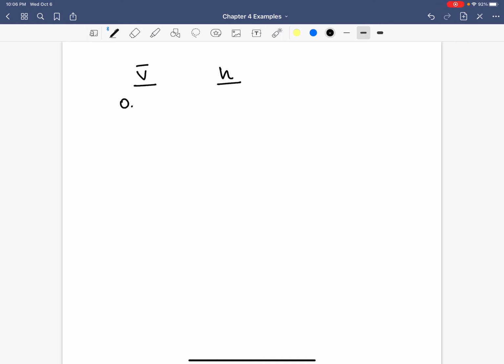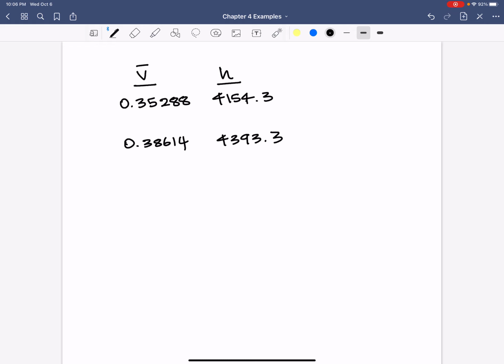So for a specific volume of 0.35288, we read from the table that specific enthalpy is 4,154.3, and for a specific volume of 0.38614, the specific enthalpy we read from the table is this.